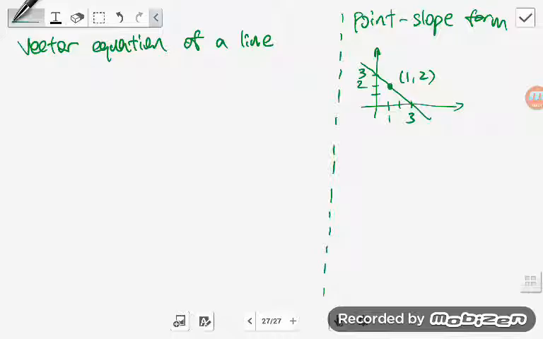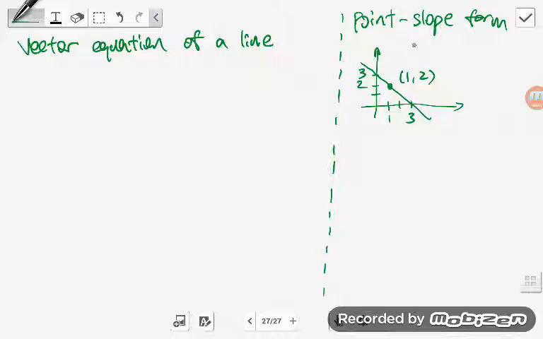Before we do that, I want to go over a very similar concept which we learned back in Algebra 1. It is called the equation of a straight line in point-slope form.